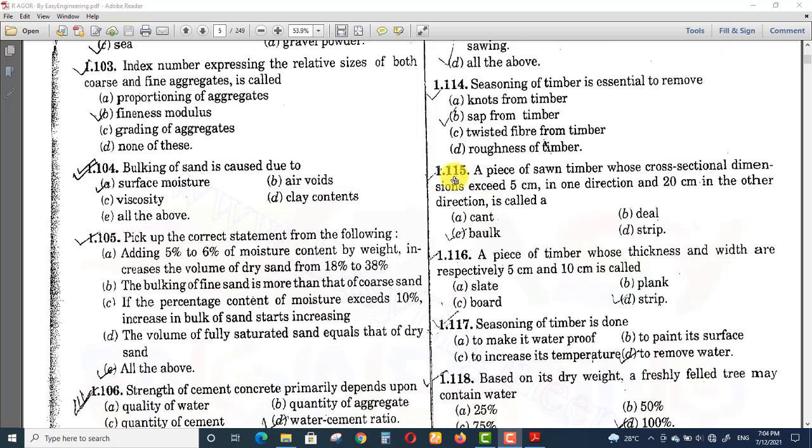Next question 115. A piece of sawn timber whose cross-sectional dimensions exceed 5 cm in one direction and 20 cm in the other direction is called balk. Actually, this is a sort of multiple choice question which we are supposed to remember.